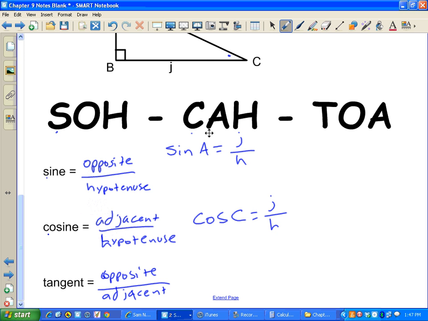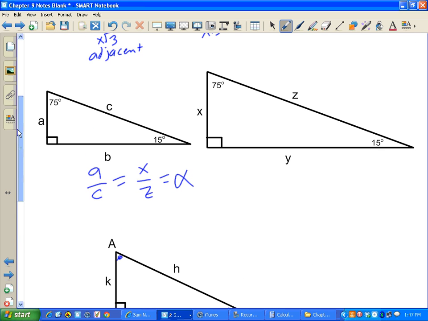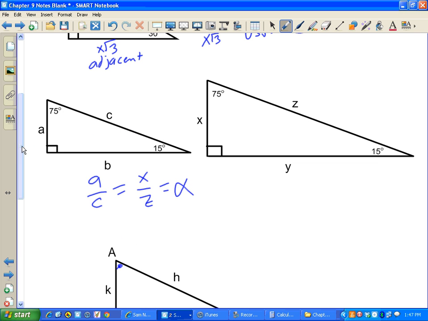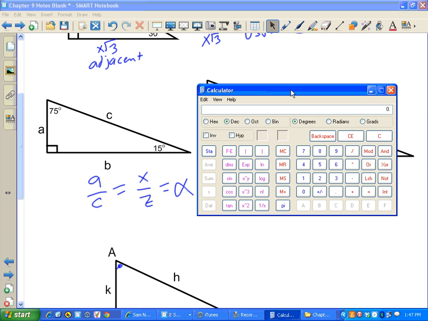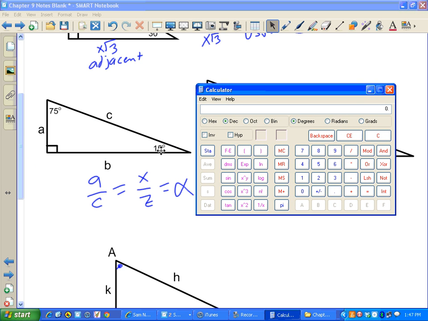Now, if I knew what measure angle A was, the sine of A is just some number. It's a constant ratio, remember. It's always going to be the same depending on what our degree measurement is. So let's take a look here. If I want to know what the ratio between the opposite and hypotenuse side of a 15-degree angle is, I would just do 15 degrees, what's the sine?